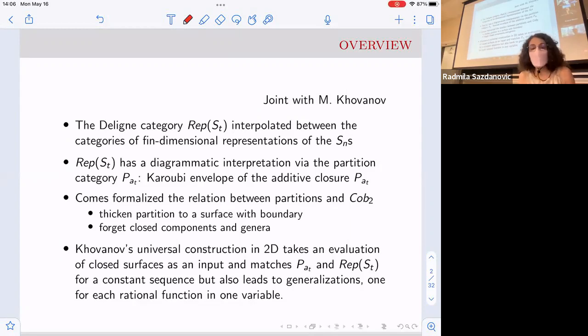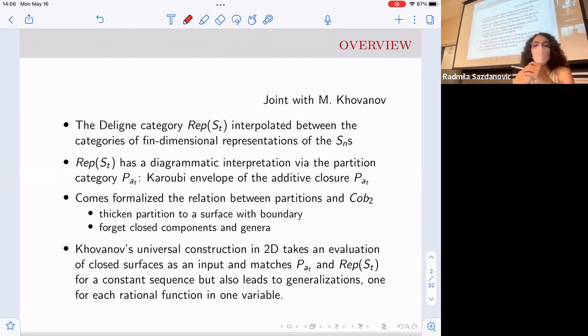The best thing about it is that it has a diagrammatic representation. You can visualize that through the so-called partition category, and then the Deligne category is just the Karoubi envelope of the additive closure of this partition category.